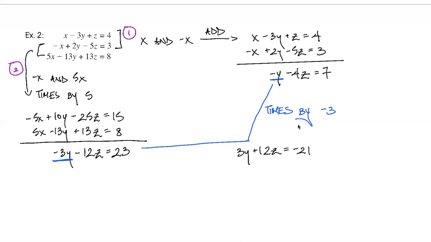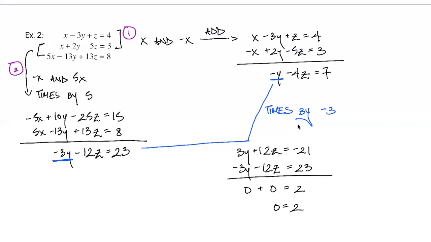Then I'm going to take the other equation, and when I add them, I should be able to get rid of the y's. Okay, so 0 plus 0 equals 2, or 0 equals 2.